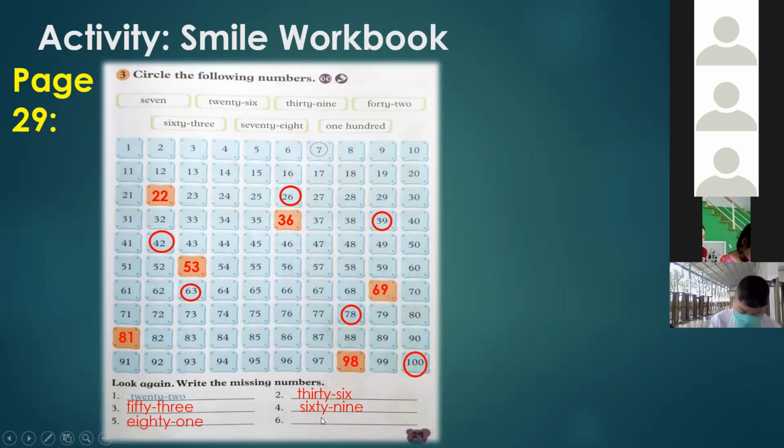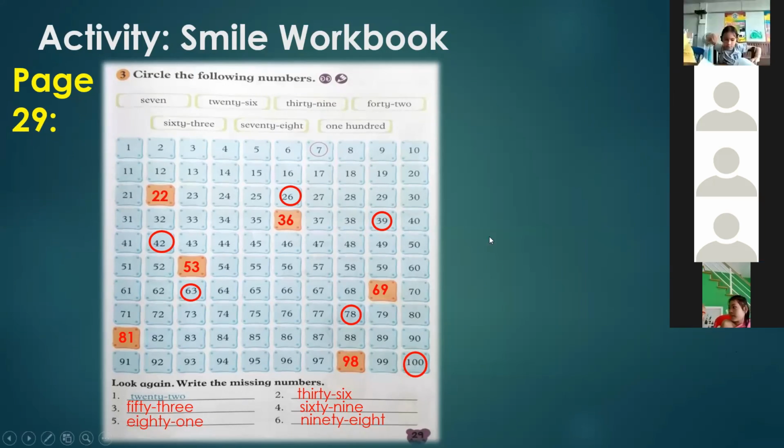EIGHTY-ONE. And the last number is 98. How do we spell 98? NINETY-EIGHT.